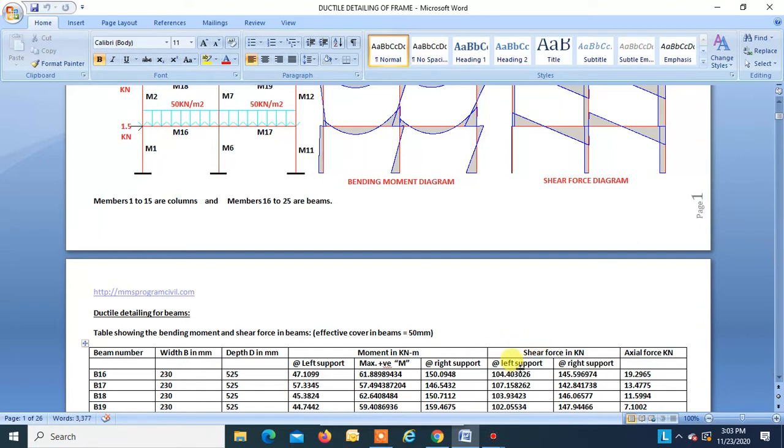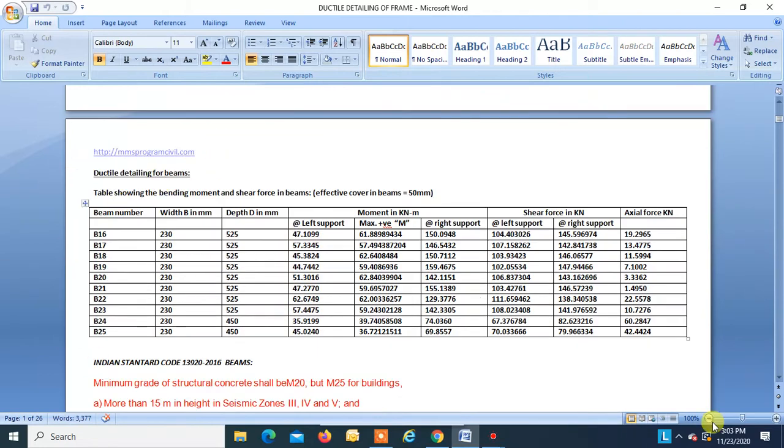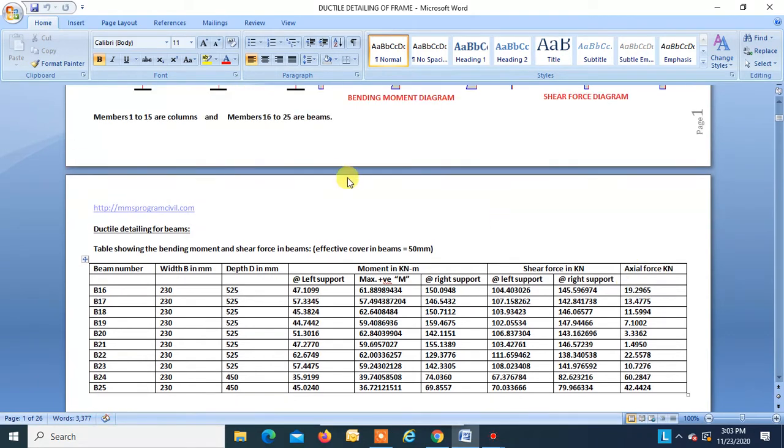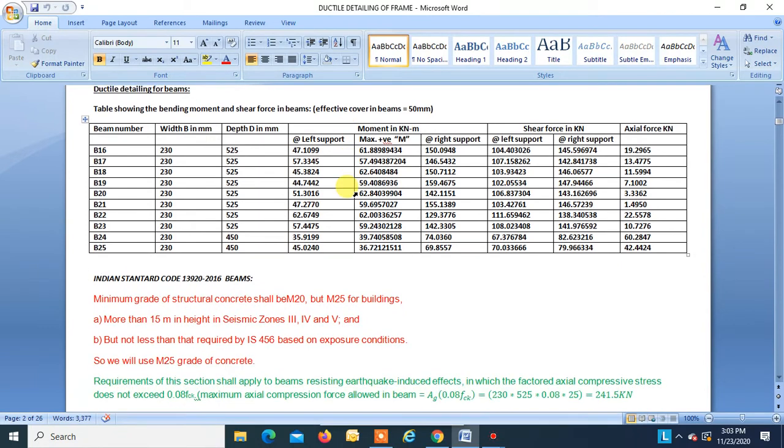Shear at the left support is 104, and at the right is 145. So this table shows the summary of moment, shear force and axial force in the member.